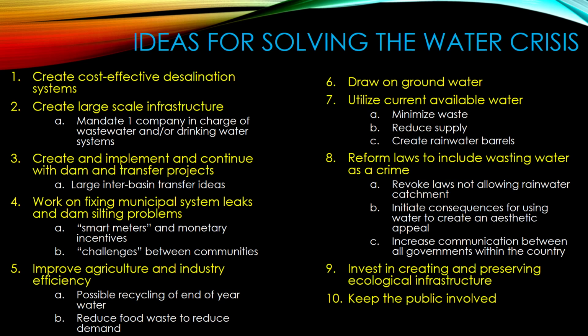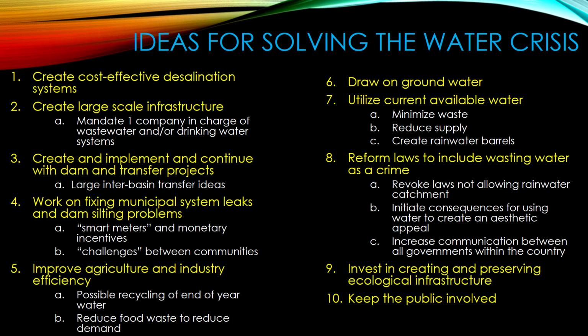Also, it has been noted that they need to invest in creating and preserving ecological infrastructure. Some of these ideas are rehabilitating rivers and rebuilding wetlands and reintroducing them into the area. And finally, South Africa believes that they need to keep the public involved in all their ideas and get comments and suggestions from the actual public that's going to be dealing with these water regulations and laws.